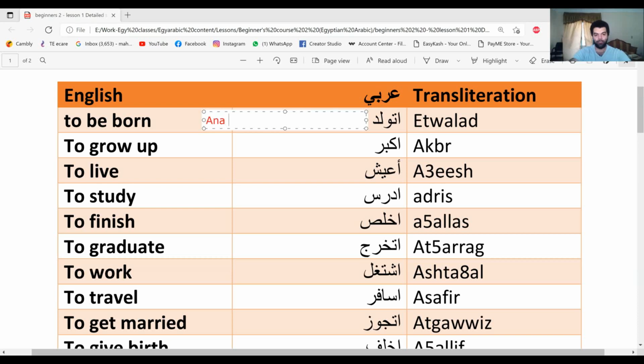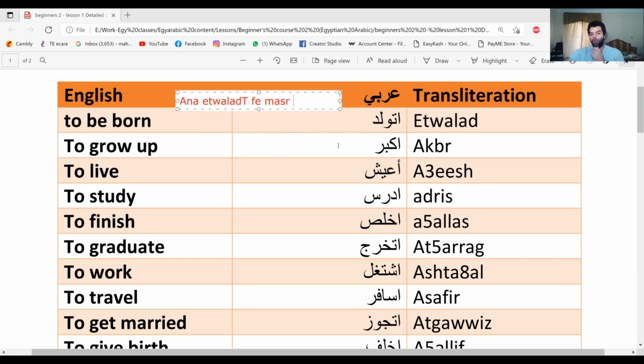So, ana it walad, and then we put the T at the end. Ana it walat. And then you say fi, and then you name the country. I was born in. Ana اتولدت في مصر. I was born in Egypt.